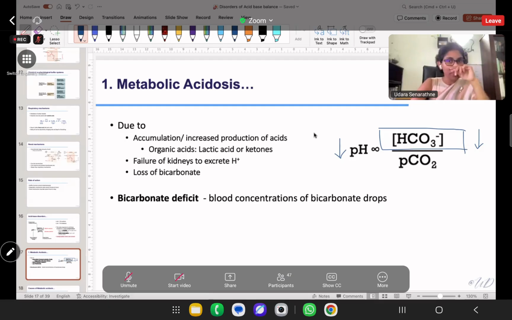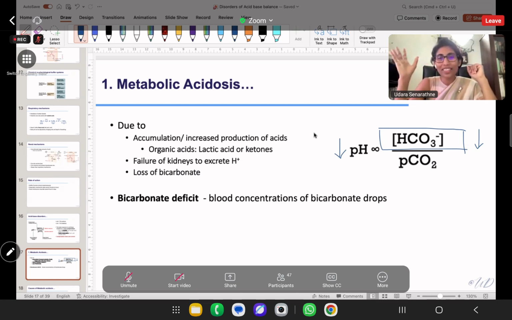Oh, vomiting. So in vomiting, what do you lose? Where do you get bicarbonate? Thank you for that answer. But where do you get bicarbonate? You get bicarbonate from the pancreatic juice into the duodenum. So it's less likely you can get the duodenum content in the small intestine out through your mouth.